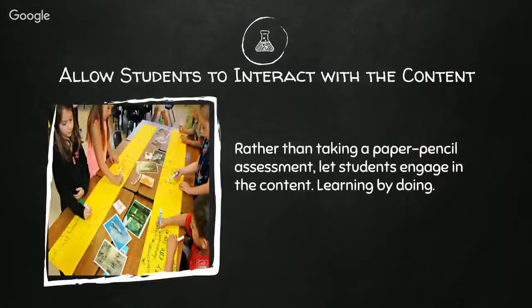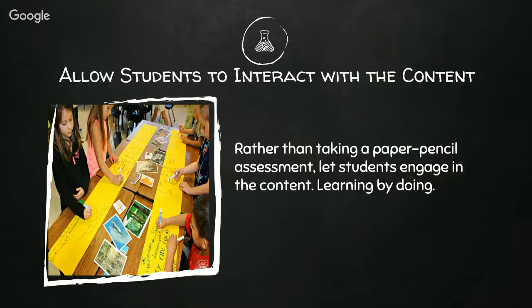And finally, for tonight, the last type of assessment that I'm going to share with you is a really powerful way for you to gather information about your students' understanding, and that's to allow them to demonstrate their knowledge in an application type setting. So let them design a solution to a problem, let them conduct an experiment, let them solve a math problem in the best way that they see fit.